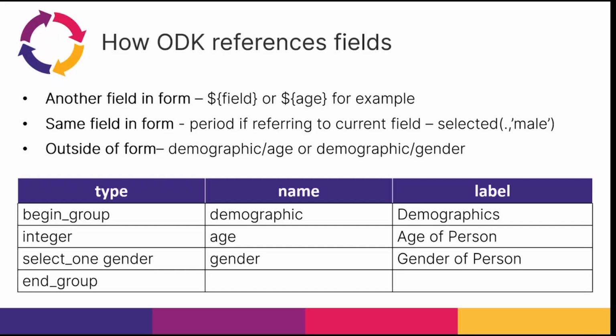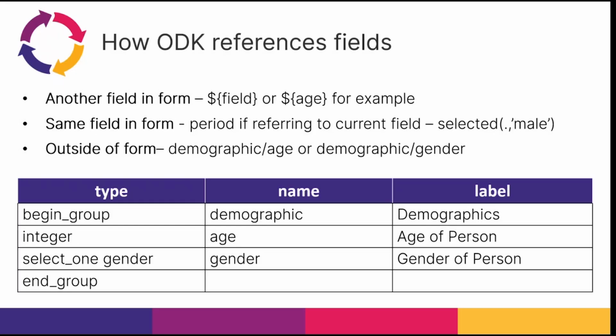So in Zeit and ODK, we reference fields with a dollar sign and curly brackets. For example, my below form has these two questions, age and gender. Age would be referenced in ODK with the dollar sign and curly brackets. That means in the form, I'm referring to the age field.